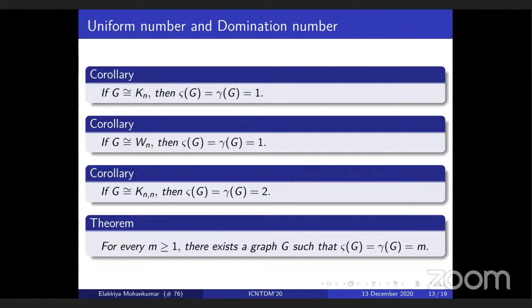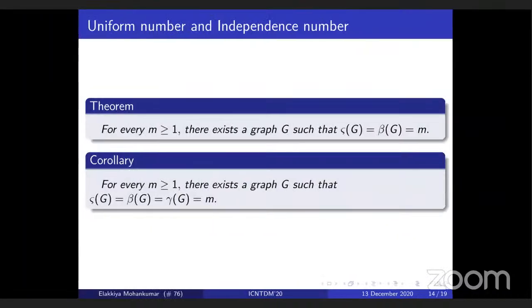If G is isomorphic to Kn,n, then its domination number and uniform number are equal to 2. And finally, for every m greater than or equal to 1, there exists a graph G such that tau of G is equal to gamma of G, that is the domination number of G, that is equal to m.